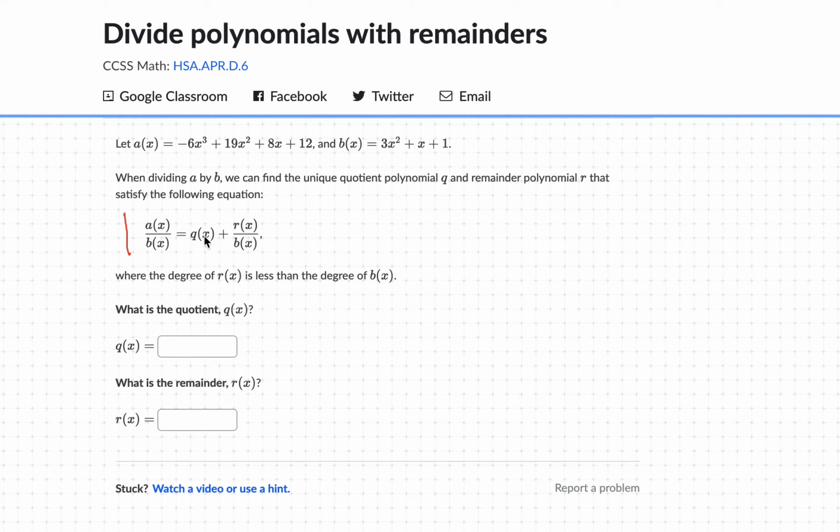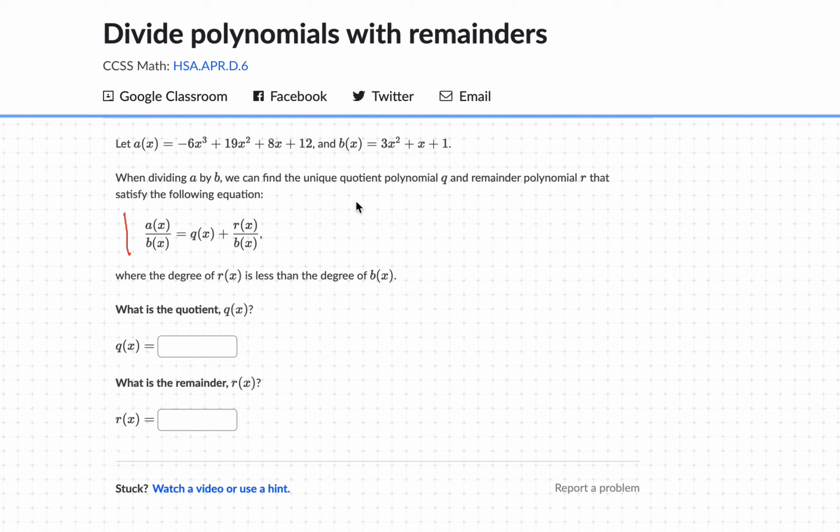Our q sub x is just equal to our a sub x divided by our b sub x. So this is our a sub x, and it has to be divided by b sub x. So this is just again another application of our long division of polynomials. So let's begin.